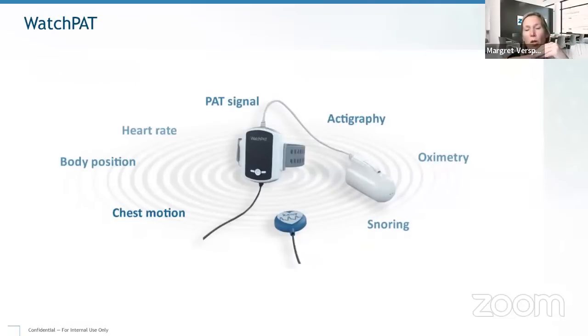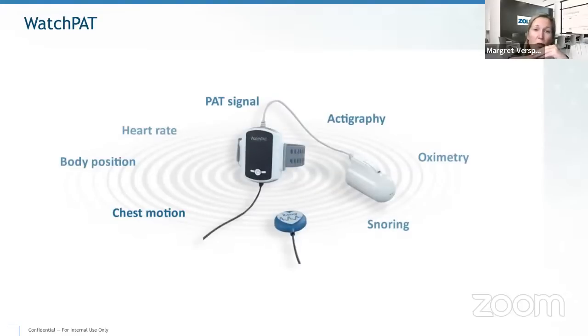So you measure the blood flow, and when you measure the blood flow, you can easily see when there is an increased sympathetic activation: the patient will show a lower PAT amplitude when there is an arousal because of the vasoconstriction. So what we measure with the probe, peripheral arterial tonometry, is the arterial tone.